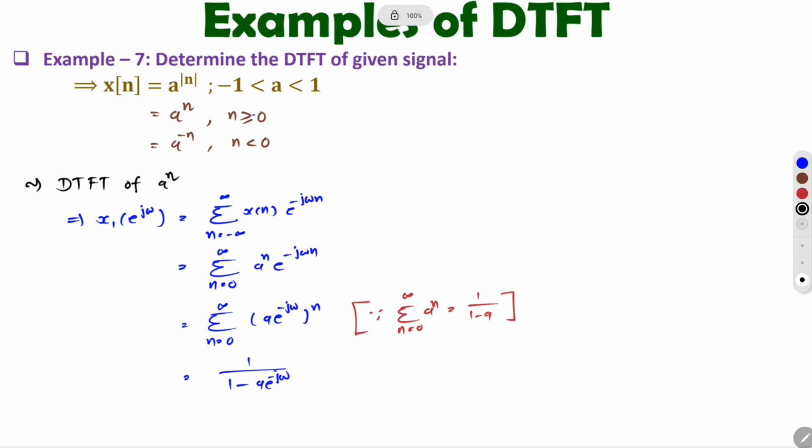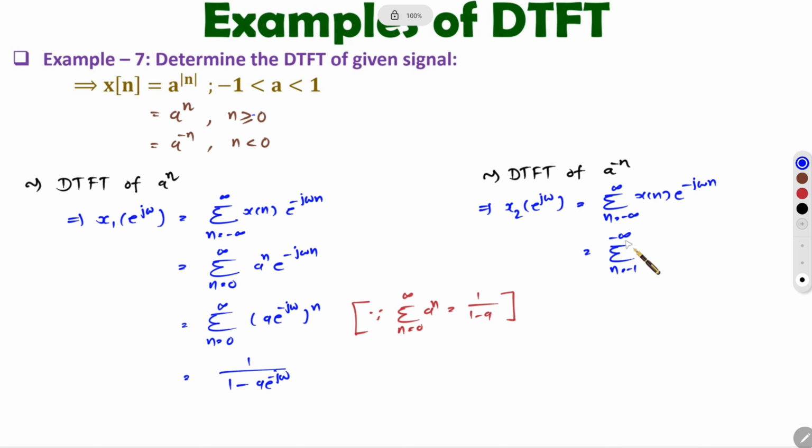Similarly, let us identify the DTFT of the negative range. Let us assume for the negative range, we are considering X2 of e to the power j omega. Here the standard equation is summation where n is ranging from minus infinity to plus infinity, x of n e to the power minus j omega n. Now the range of summation for negative n will be from minus 1 to minus infinity.